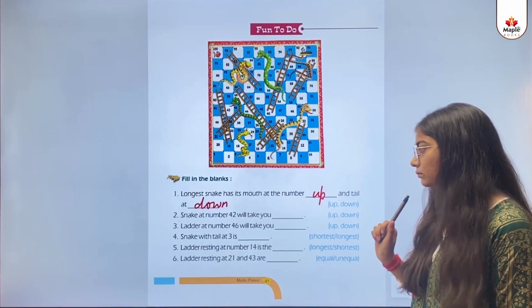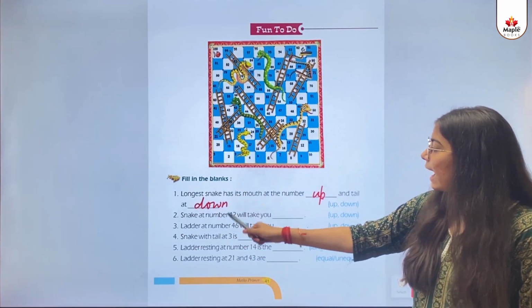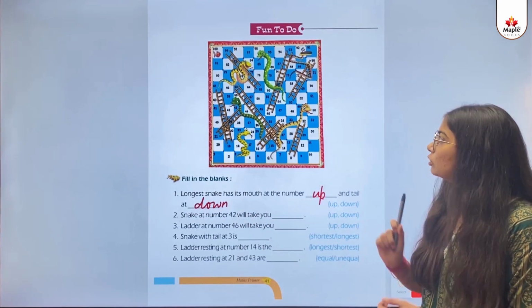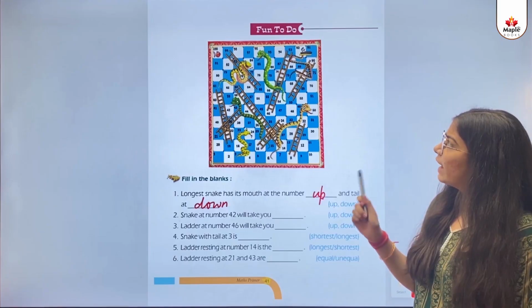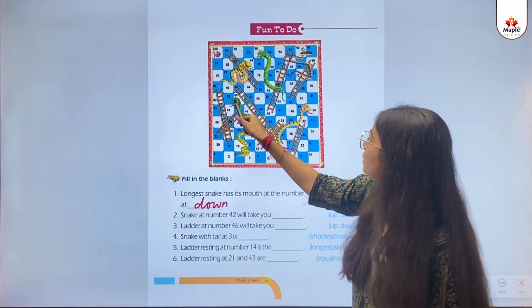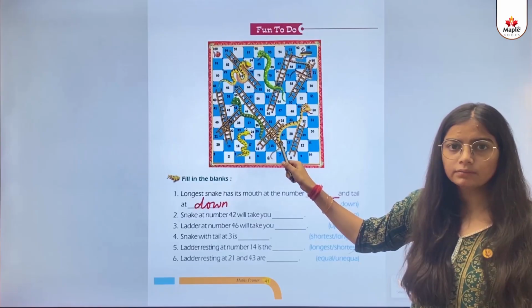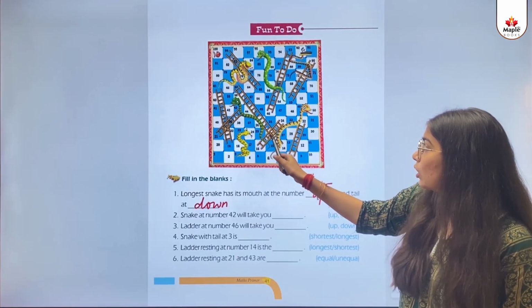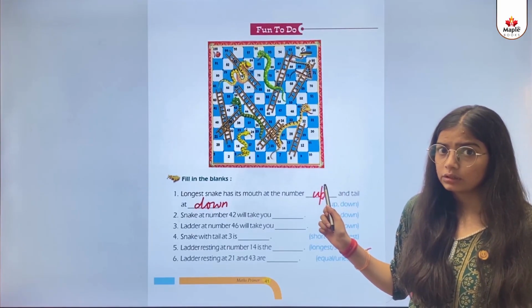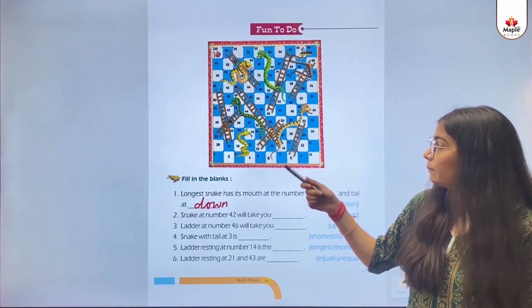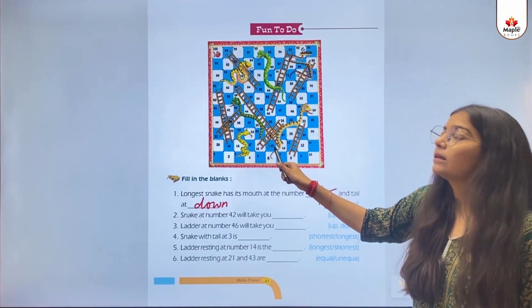Clear? Second, snake at number 42 will take you dash. So let me just find it for all of you. This one is the snake that is on the 42 number, which takes you up or down. In this game, the snake kills the player. So it will take you down.